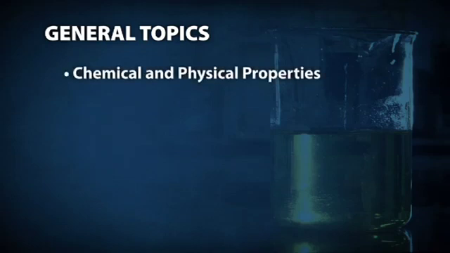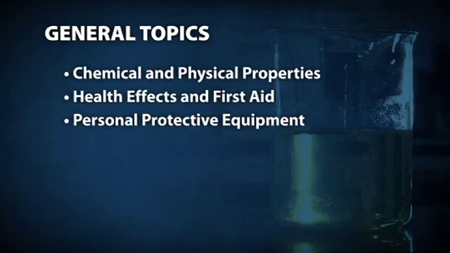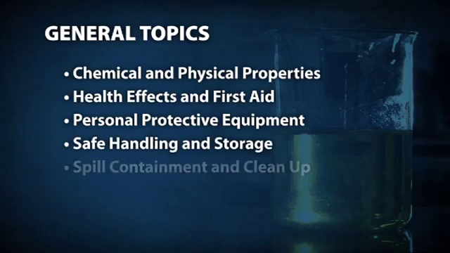This video will cover the following topics: chemical and physical properties, health effects and first aid, personal protective clothing and equipment, safe handling and storage, and spill containment and cleanup.